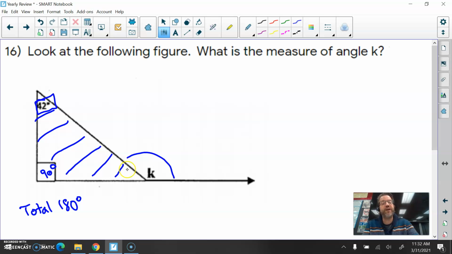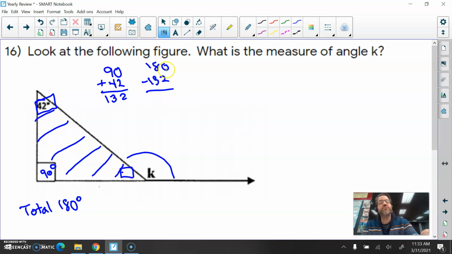And so we should be able to find this angle measurement right here inside of the triangle by adding 90 and 42 together, which is 132 degrees. And since these three together have to total 180 degrees, just take 180, subtract 132, find the difference, and you'll have this measurement here.